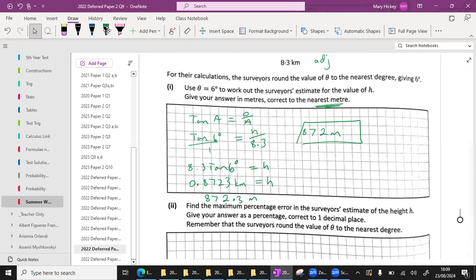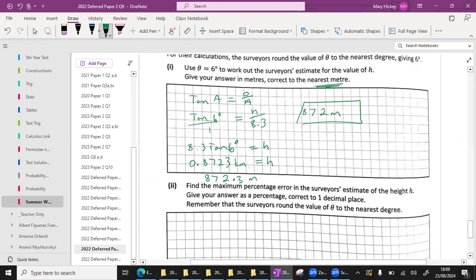So the idea here is, if they considered the angle 6 degrees, there is a possibility, and the smallest possibility is the angle was actually 5.5 degrees. Because if an angle is 5.5 degrees and I correct it to the nearest degree, it gives me 6. But there is a possibility that you're at the maximum end of the spectrum.